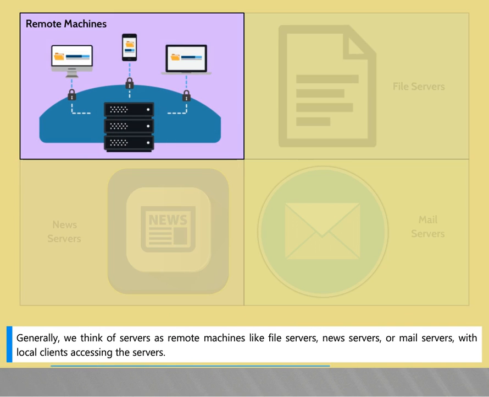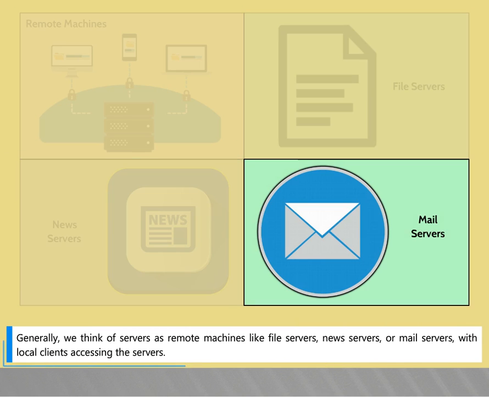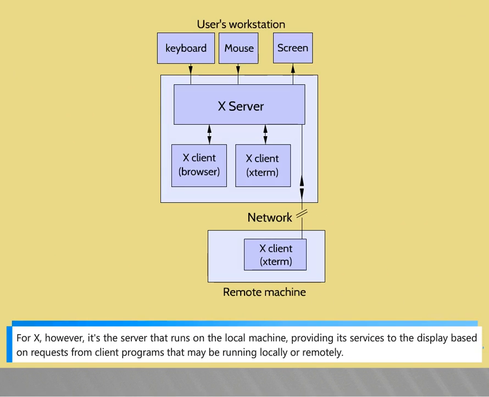Generally, we think of servers as remote machines like file servers, news servers, or mail servers with local clients accessing the servers. For X, however, it is a server that runs on the local machine, providing its services to the display based on requests from client programs that may be running locally or remotely.